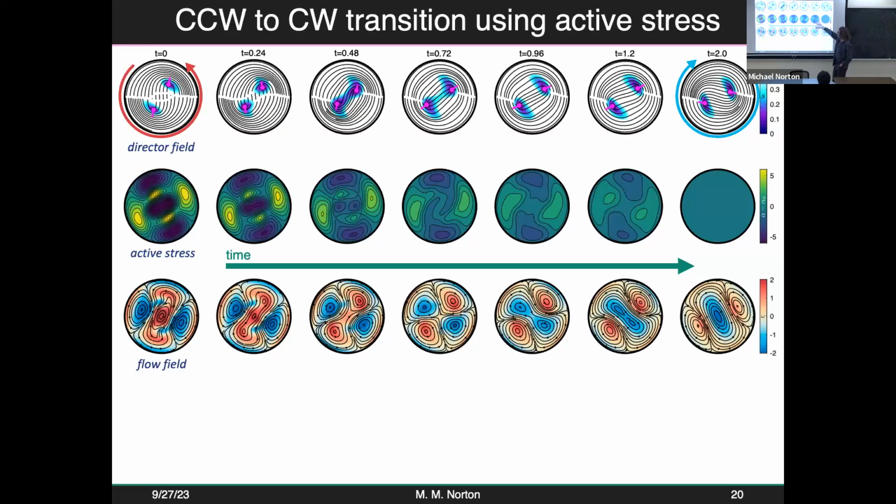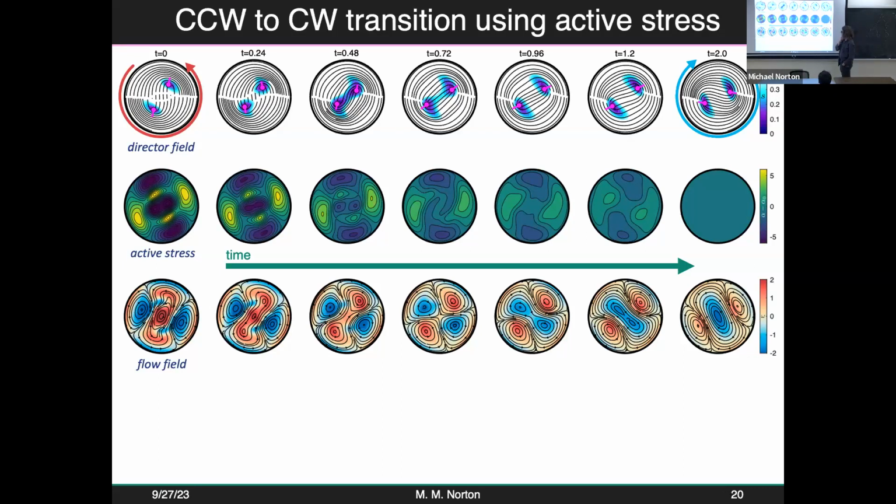But what's interesting about the active stress field that's being applied there is that it does have a handedness. And so we can see that what the control solution found for us is it moved us to this point of symmetry and then tipped us over to the other side to get us where we want to be.